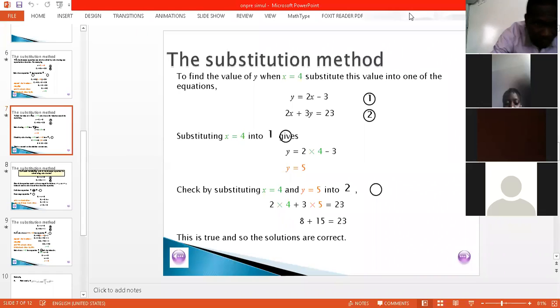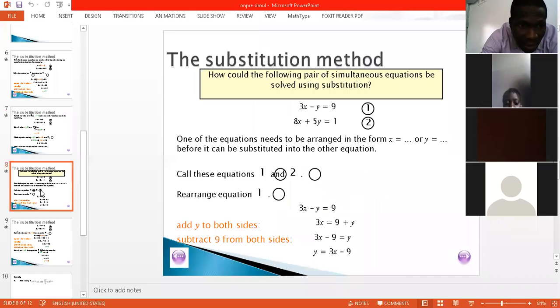Okay. There is another example. But in this case, y is not given to you directly. So what do you do? You make sure that you make either of your variables, x or y, of the form that they equate to another set of terms.